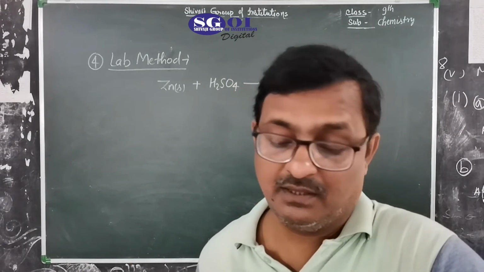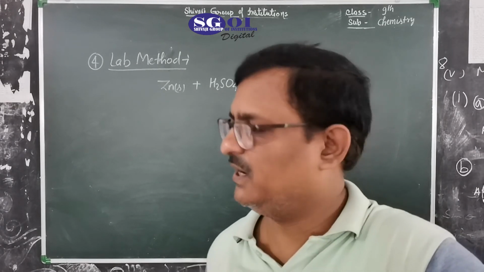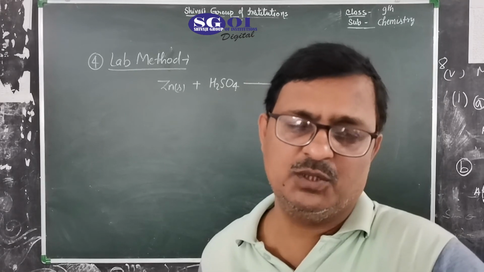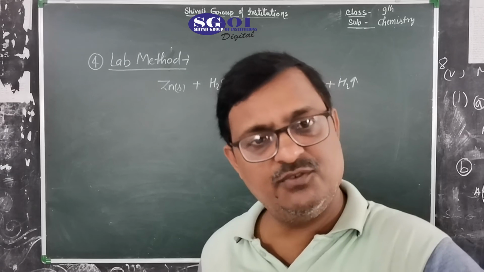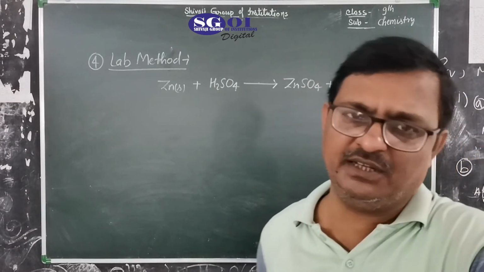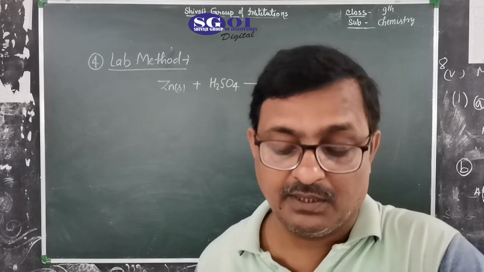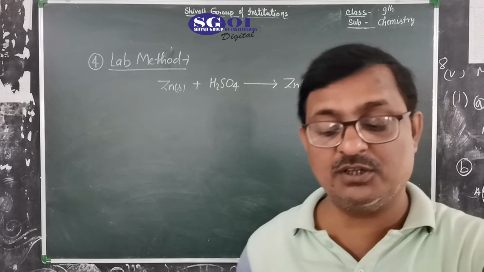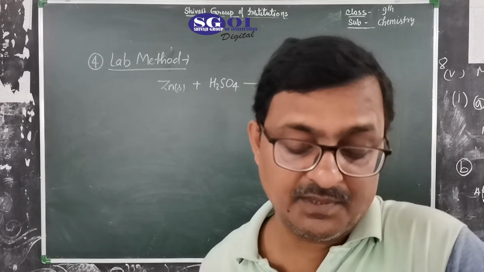Reason for that, the disagreeable odor of hydrogen gas. So you must remove such impurities with the help of silver nitrate solution. Silver nitrate solution removes the impurities arsine AsH3 and phosphine PH3. And lead nitrate solution removes the impurity H2S, hydrogen sulfide gas.